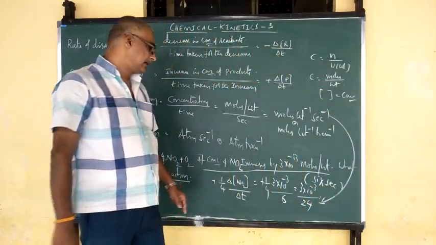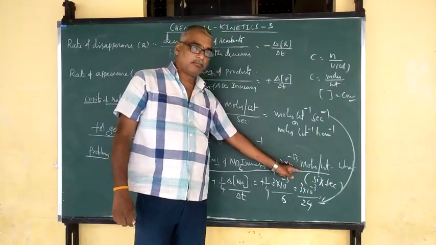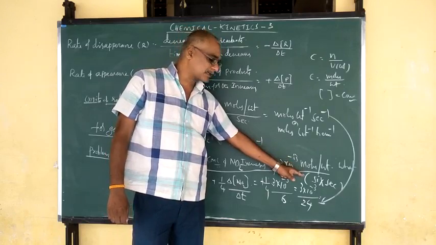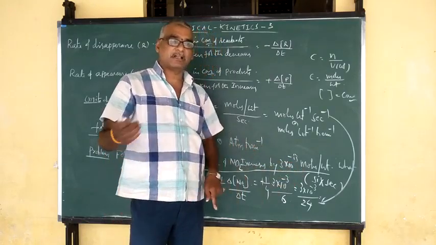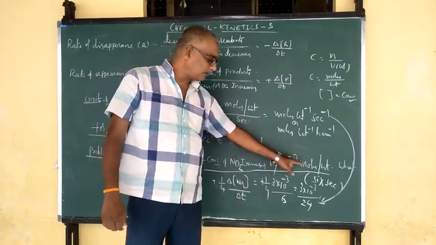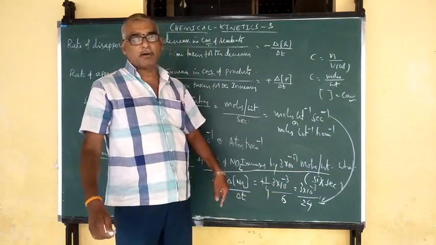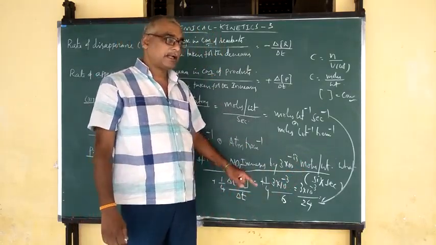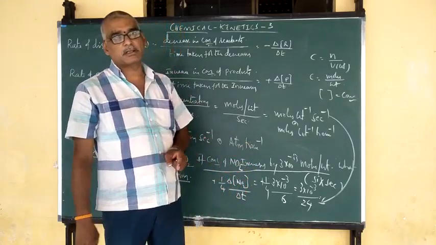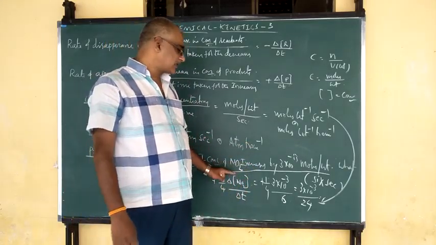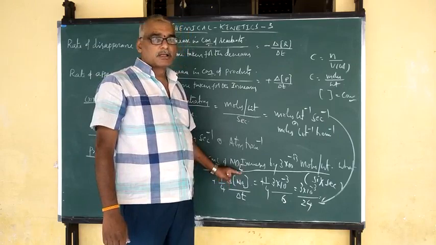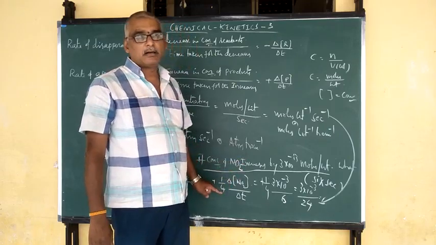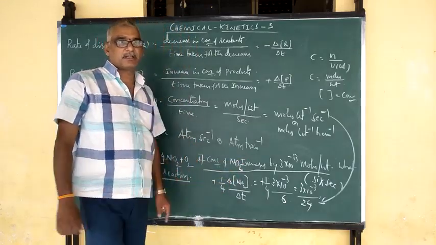Why? Because in this problem, time is taken as 6 seconds, therefore second inverse, and concentration is moles per liter. Therefore, the units of this problem are moles per liter per second. So, based on this equation, first you have to write the disappearance and appearance equation.